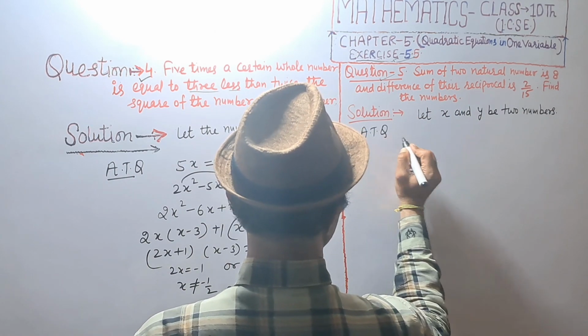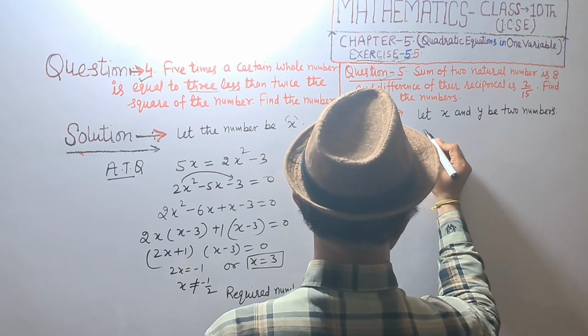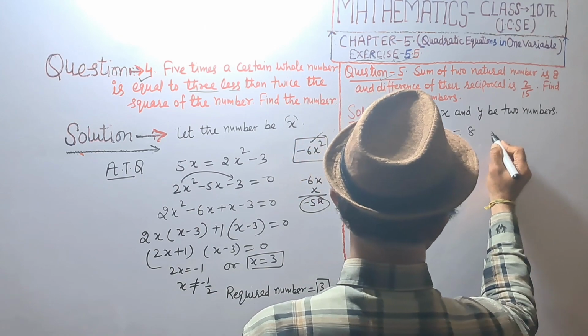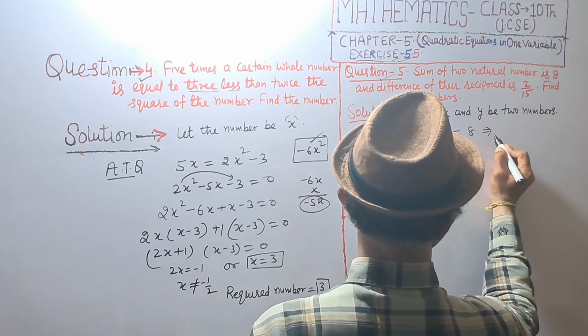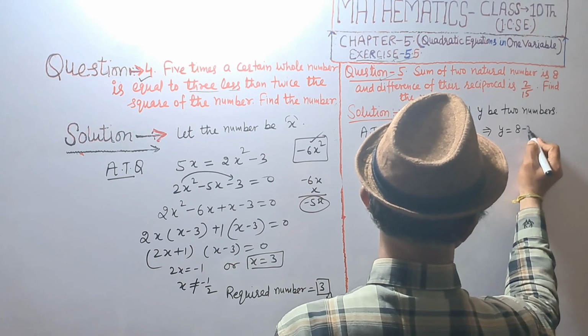According to the question, their sum x plus y is equal to 8, which implies y is equal to 8 minus x.